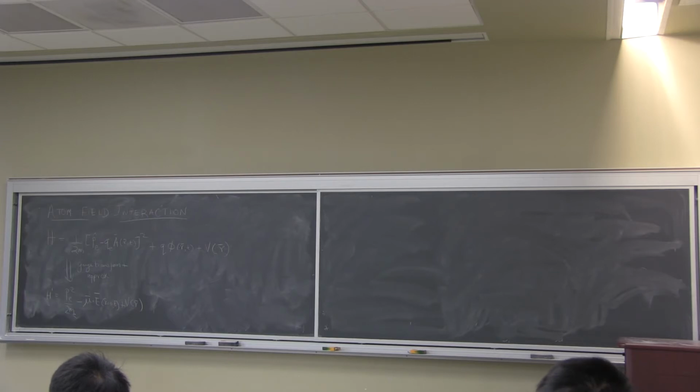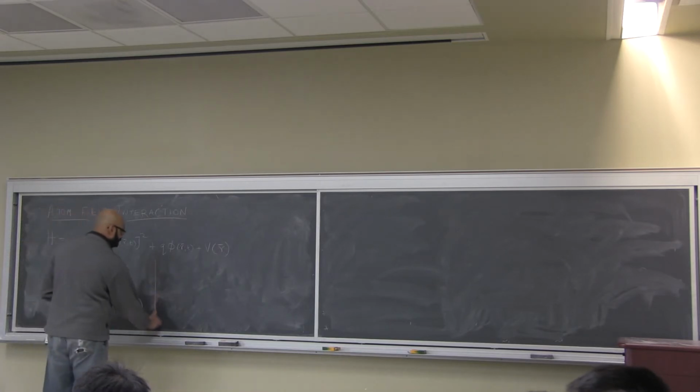Which approximations will lead us to this result? We were going to carry out the math, but before we do that, it's always important to know your assumptions, because it only works under certain assumptions. Coulomb gauge, very good.